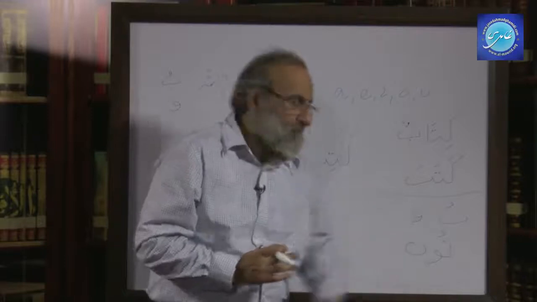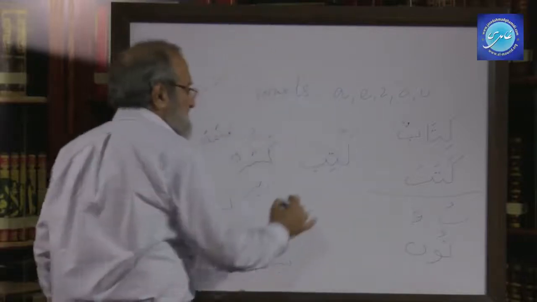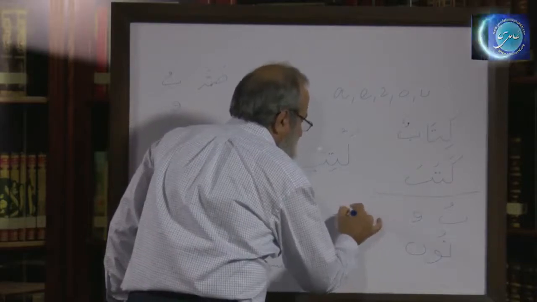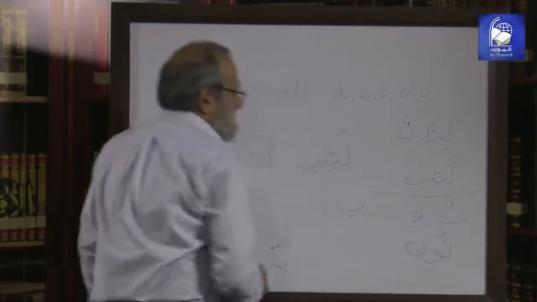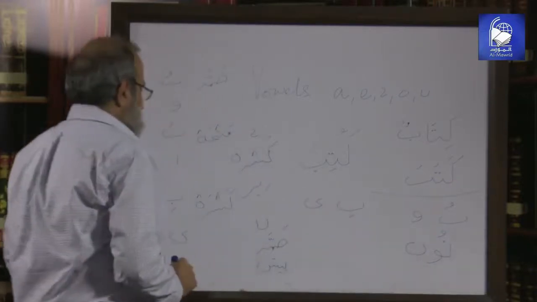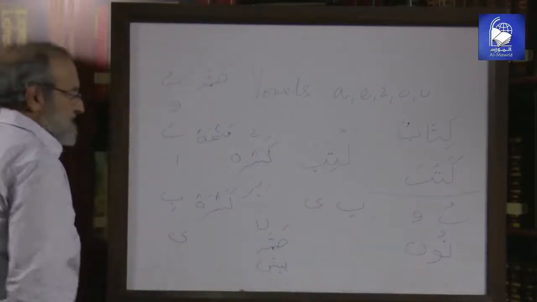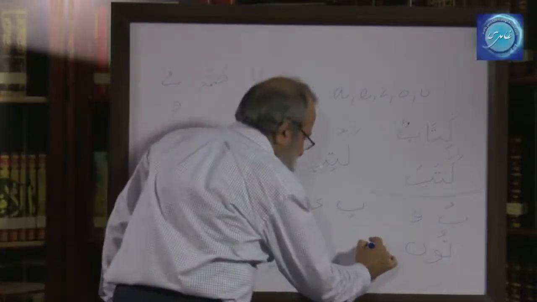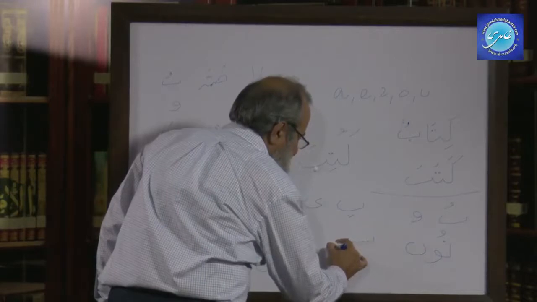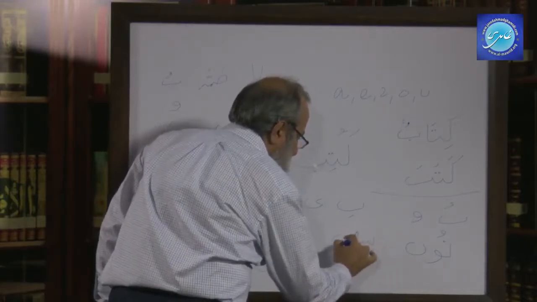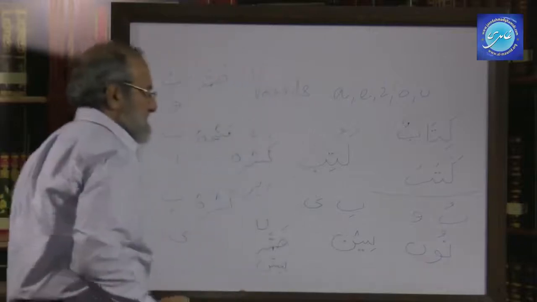And the third example is kasra, where you have kasra over here. Obviously, the partner alphabet is ya, like here. And I write the word seen, kasra, ya, and noon.